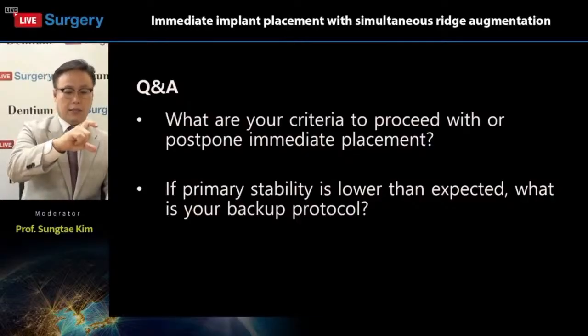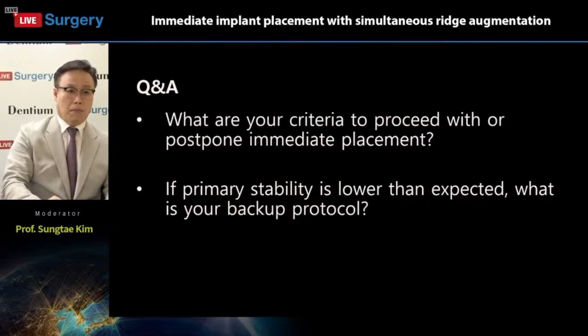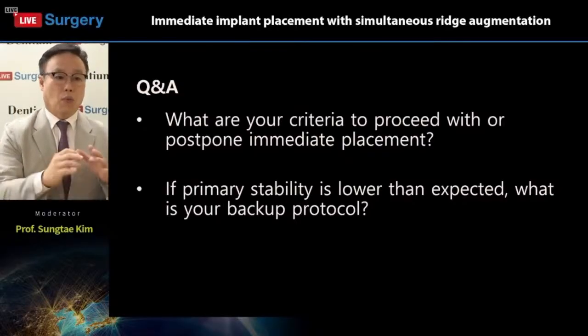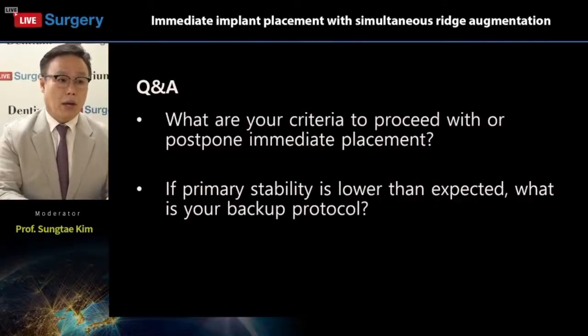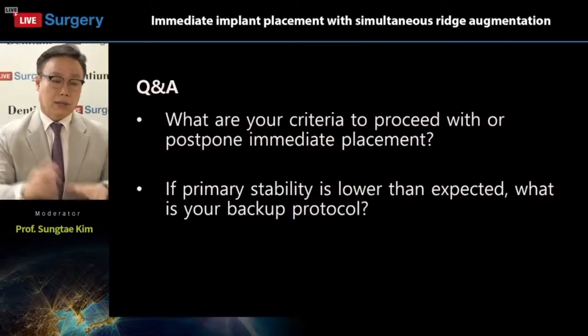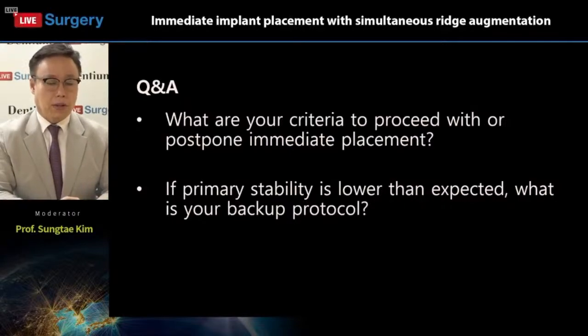So for getting more primary stability, we can place a longer implant than we expected when we planned. Yeah, we have to do another step for making more space under the apex area. Then placing the longer implant is the only way.